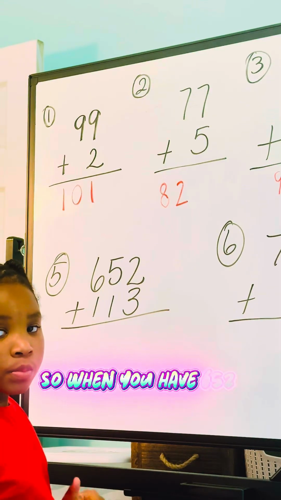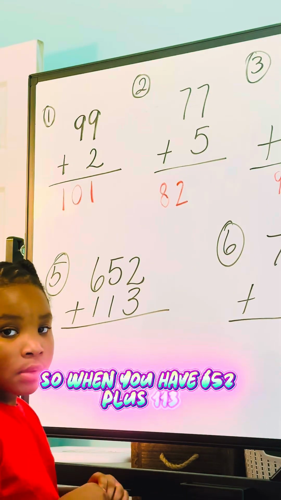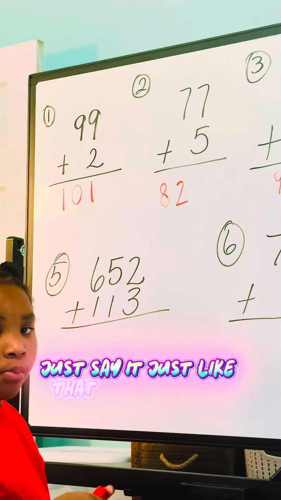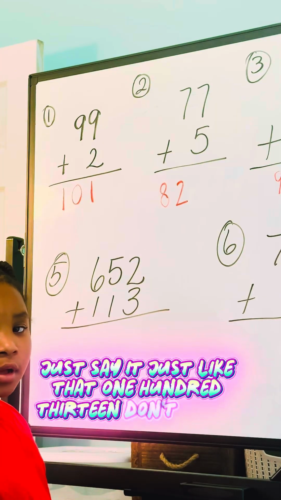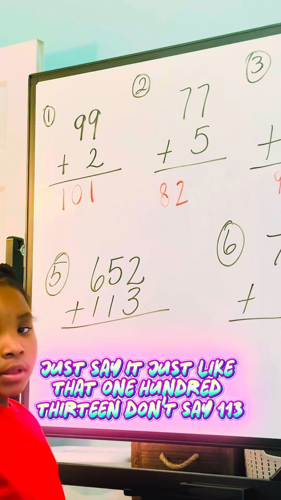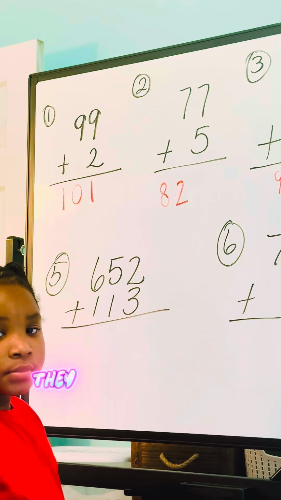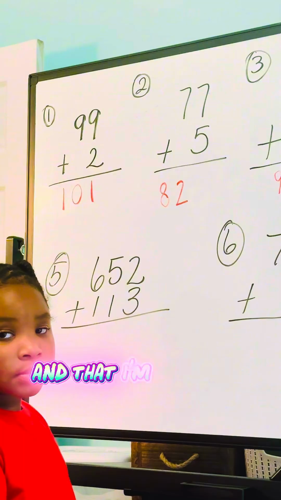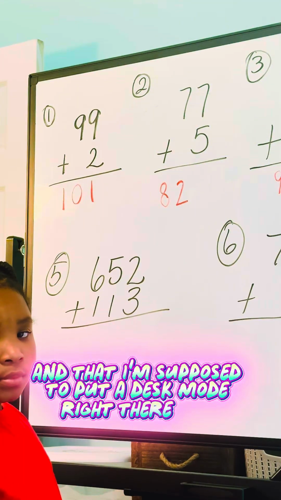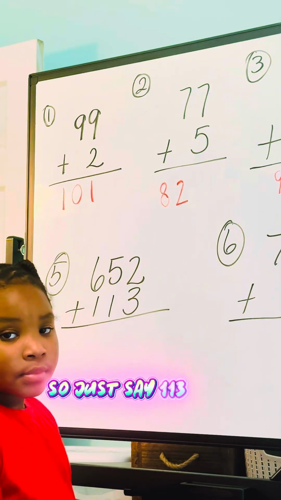So when you have 652 plus 113, just say it just like that, 113. Don't say "one hundred and thirteen" because if I was speaking those numbers out and giving it to somebody to write down, they might think that because I say "and," I'm supposed to put a decimal right there. Okay? So just say 113.